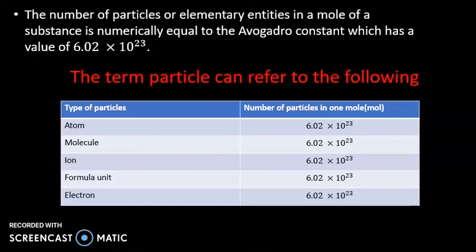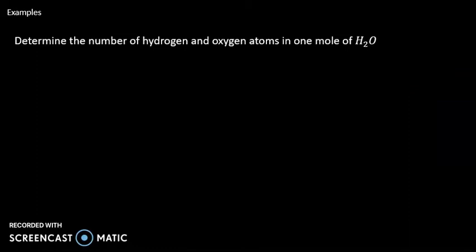That's one thing to remember. This table right here makes what I said valid, so take note of that. The mass of one mole of a substance is its molar mass, and I will talk about molar mass in my next video.